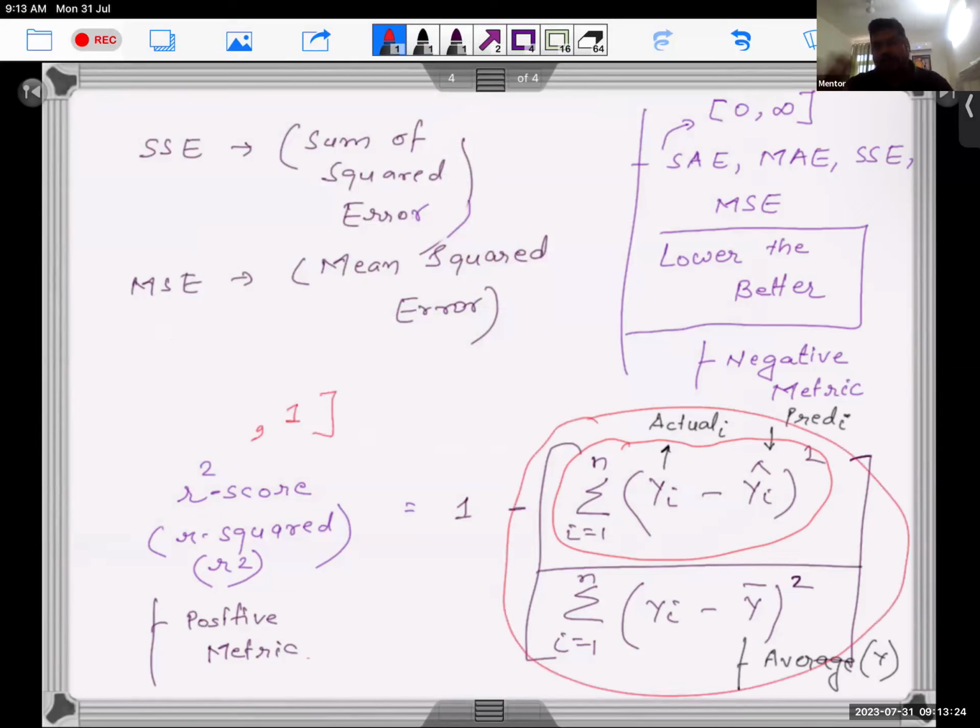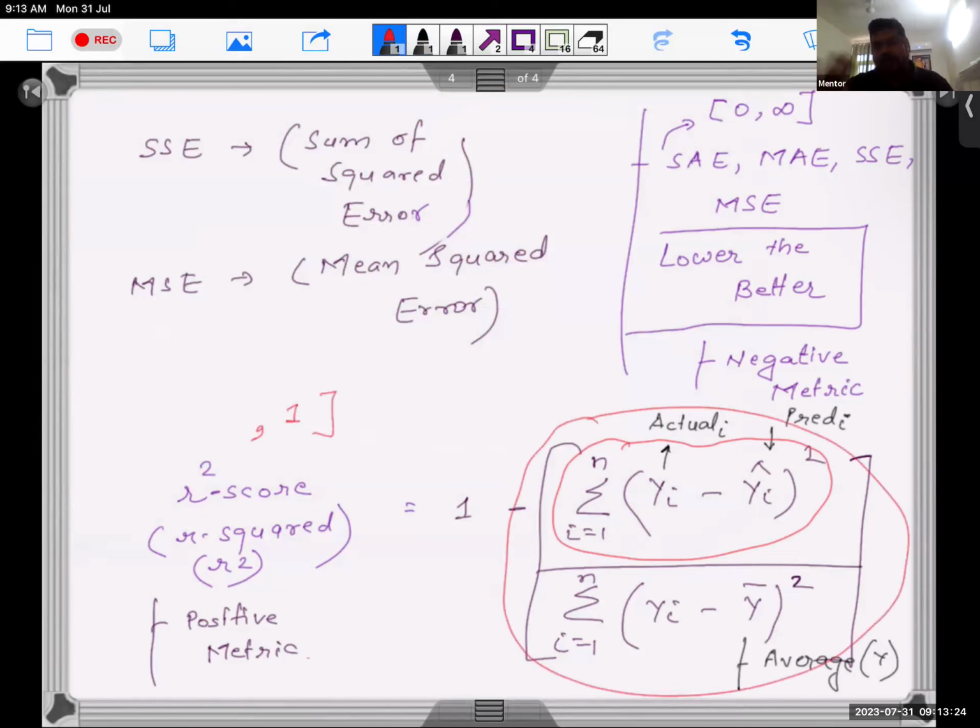If you want to use something else, say for example mean squared error, you can simply say mean squared error and pass the actual values and the predicted values. So this is the mean squared error.